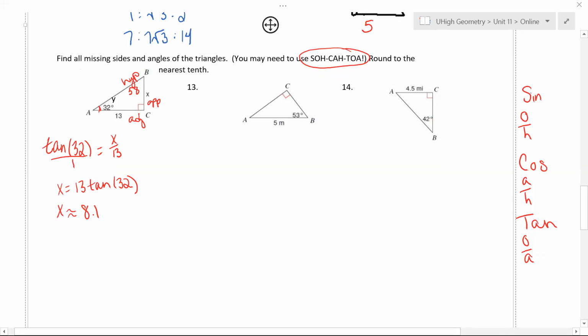And then when I solve for Y, I could do it one of two ways. Since I know that X is 8.1, I could use my Pythagorean theorem to solve for Y. Or I can look and I could see that Y is my hypotenuse. So instead, I could use the adjacent and the hypotenuse to solve for Y.